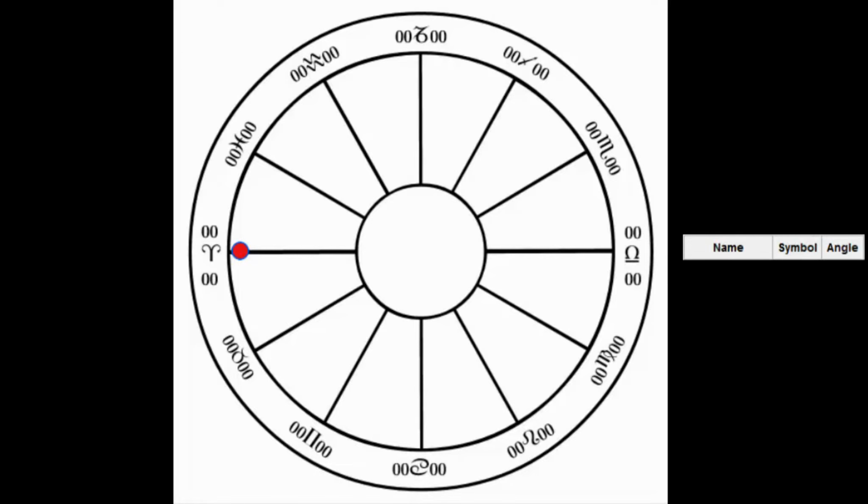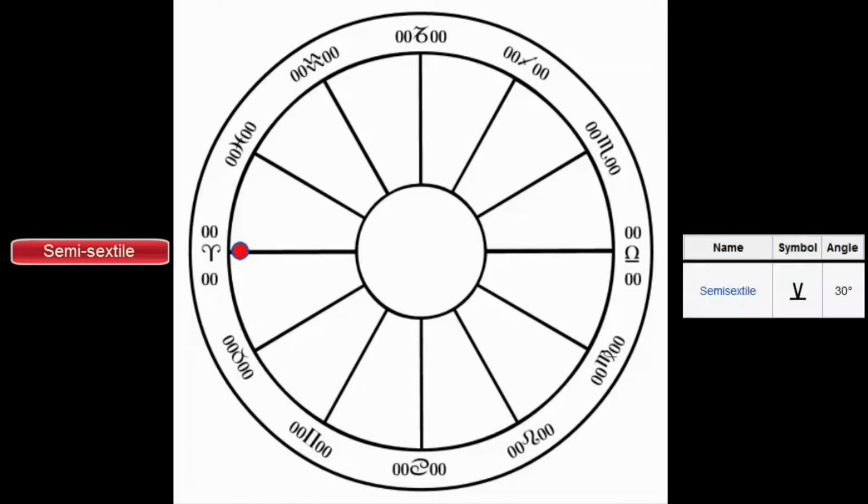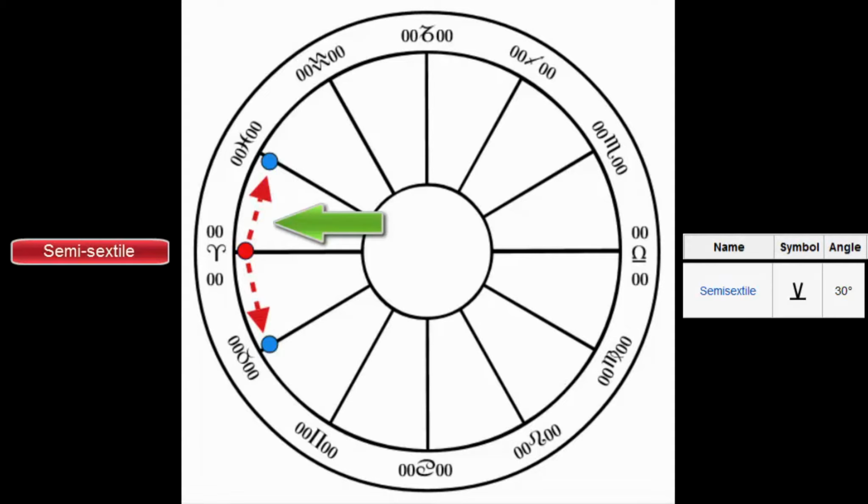The next aspect will be the semisextile, which is 30 degrees away from the red planet in either direction. Therefore, we're going to bring in 2 blue planets and place them on either side of the red planet, 30 degrees removed.